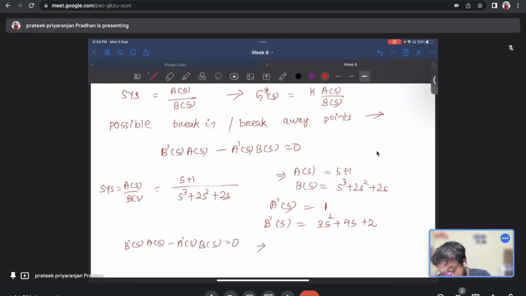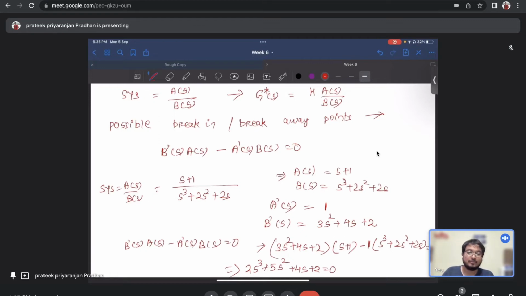You will get 3S square plus 4S plus 2 into S plus 1 minus 1 into S cube plus 2S square plus 2S is equal to 0. If you solve this, you will end up with the expression 2S cube plus 5S square plus 4S plus 2 is equal to 0.